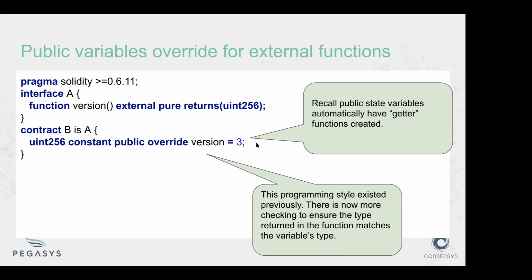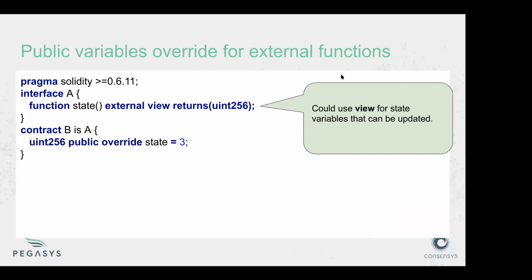This one here is when you're doing a constant, and hence you're returning a pure type of function. Additionally, you could have a state variable there, and you'd then be using a view because you'd be reading state of the ledger.